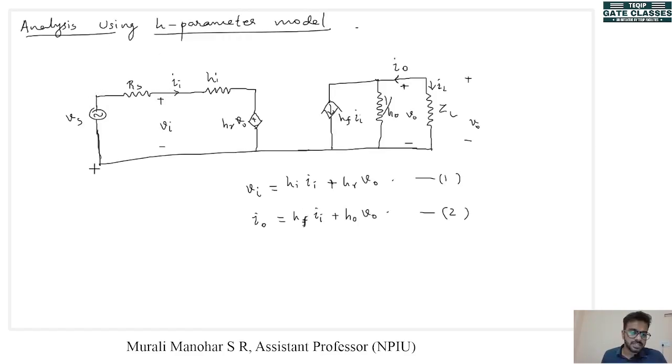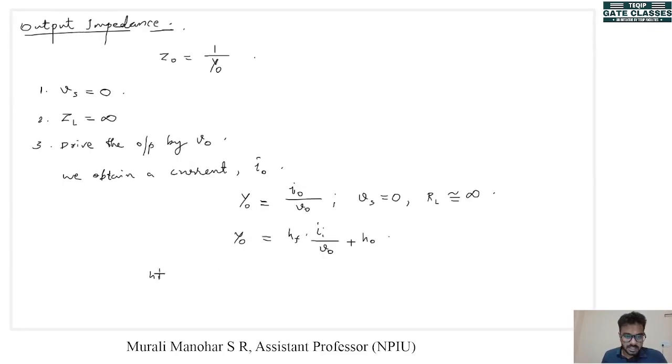So we are short circuiting this, we will get HI into II plus HR into VO plus the drop in RS, which is II into RS, equal to 0. HI into II plus HR into VO plus RS into II.